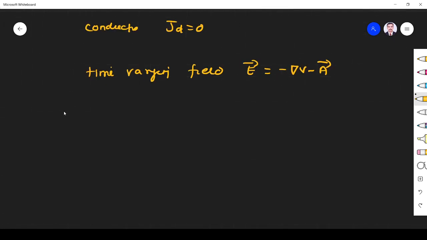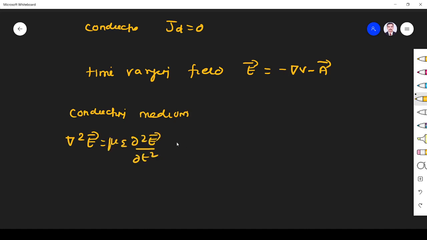Then wave equation for conducting medium. Wave equation for conducting medium is given by del squared E is equal to mu epsilon dou squared E by dou t squared plus mu sigma dou E by dou t.